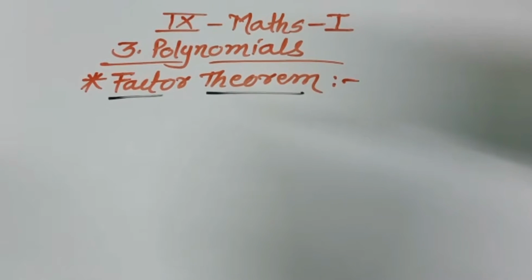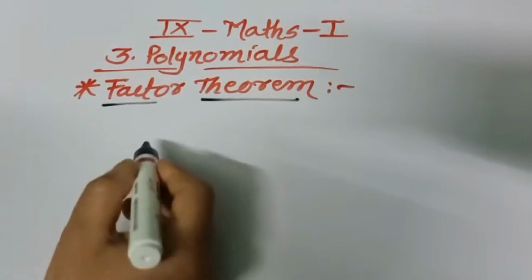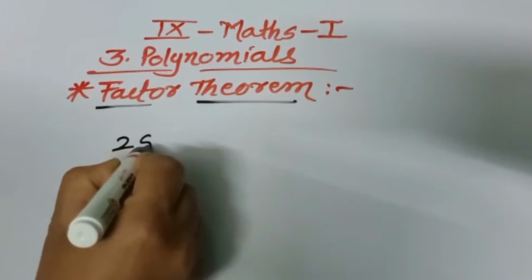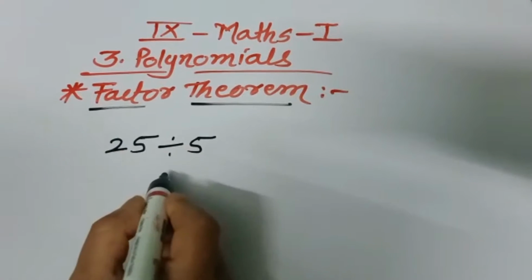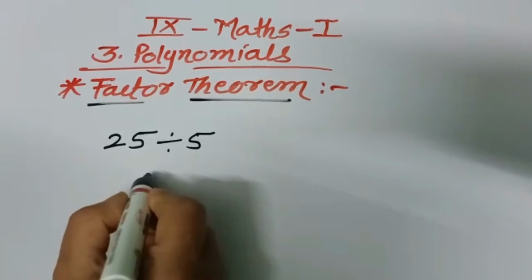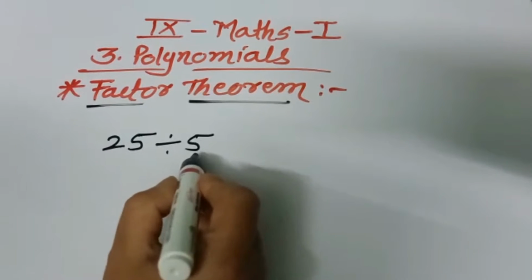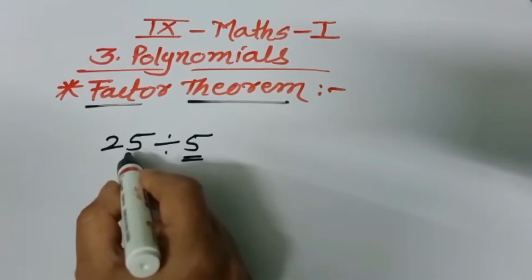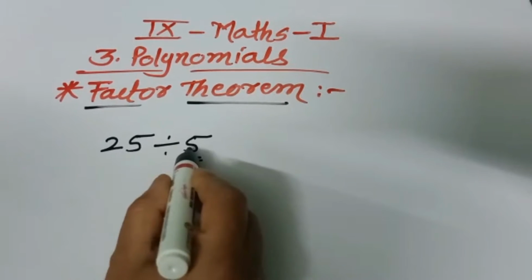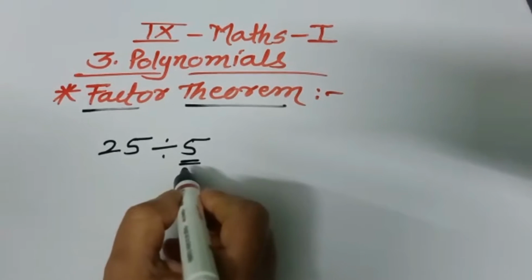Here in this factor theorem, factor means, for example, 25 is a number, and if it is divided by 5, then we will get the remainder 0. Correct? It means we can say that 5 is a factor of 25, because after dividing 25 by 5 we get remainder 0.